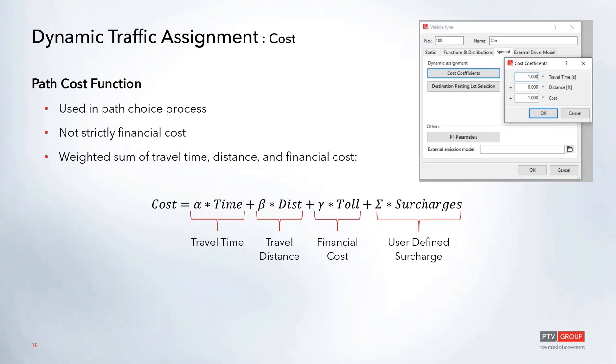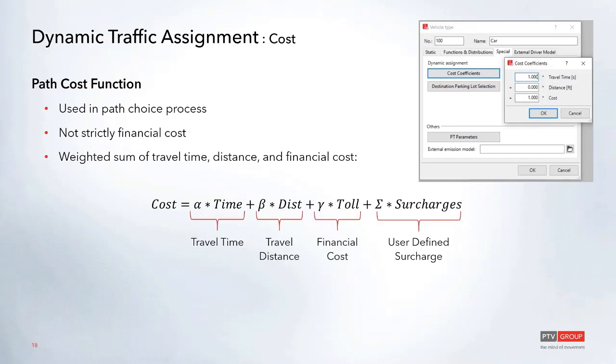Each of these contains a coefficient, like alpha and beta and gamma, and these coefficients are based on different vehicle types. If you go to the vehicle types window, this cost coefficients button is where you can set up the weight that you want to use as part of the cost calculation.